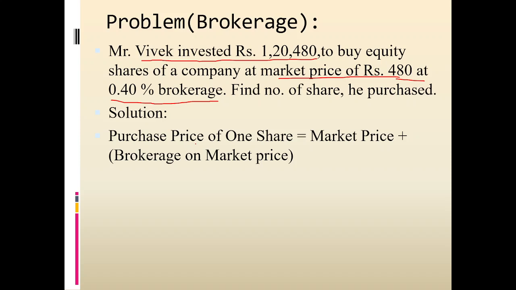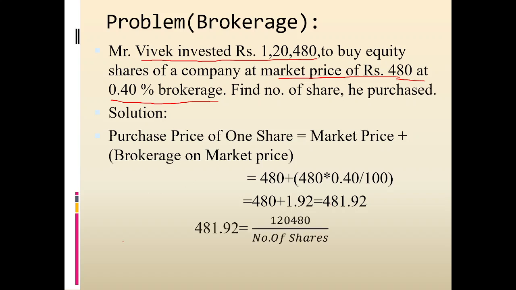So for this we have to find the purchase price of one share. Purchase price of one share is market price plus brokerage on market price, that is 480 plus 480 into 0.40 upon 100. Here we have used the formula of brokerage. From this we will get the purchase price of one share, which is 481.92.